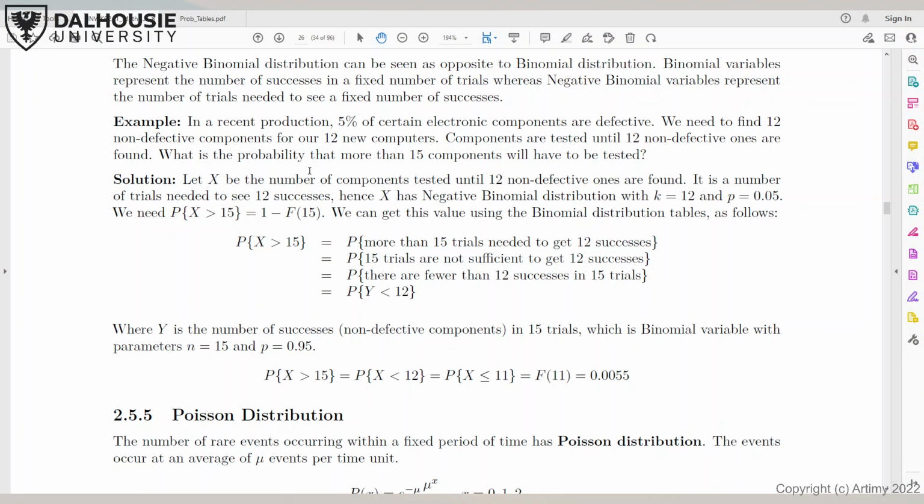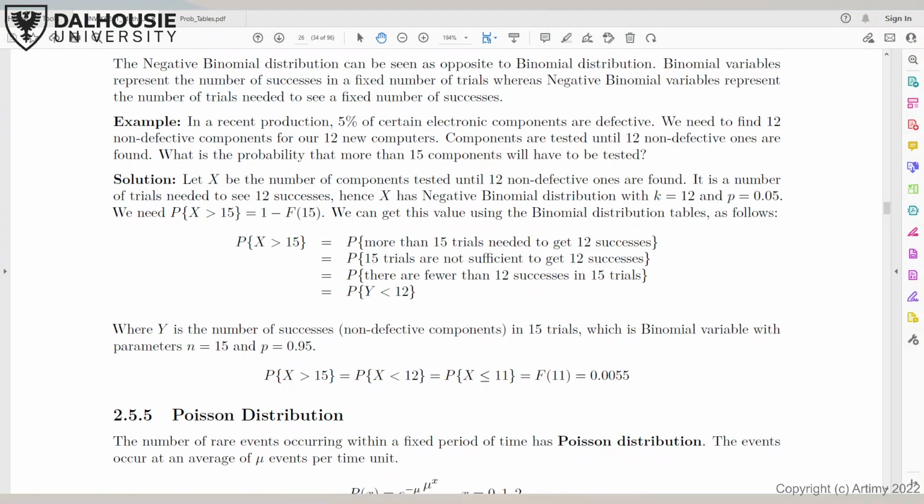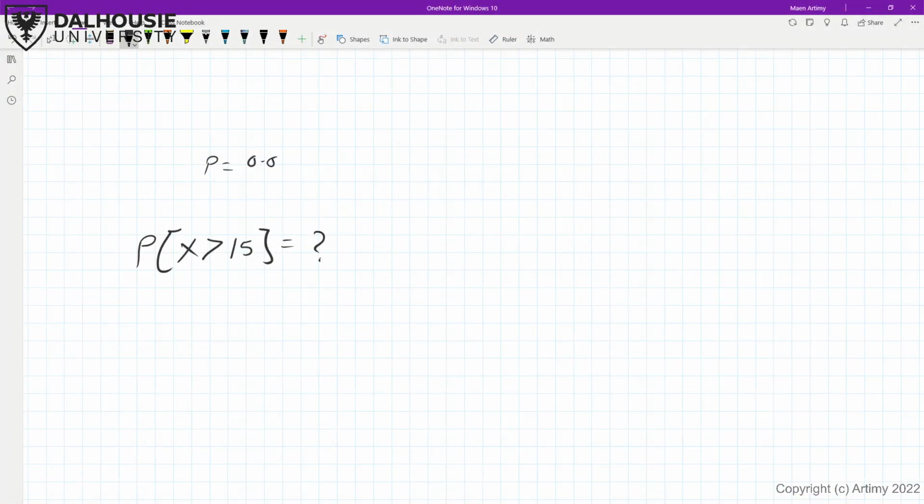Let's go back and read the same question again. 5% of certain electronic components are defective. Okay, so that's our p. The probability here is 5%, which is 0.05. So that's the small p.